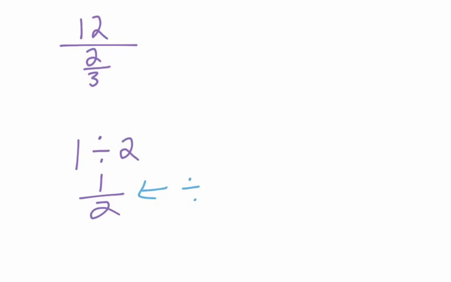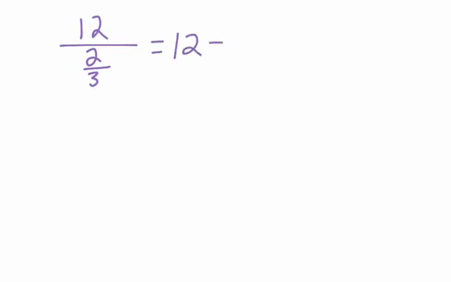So what I'm going to do with this problem is a quick little rewrite, and what I say in words I'm going to translate into what I'm writing. So this is 12 divided by 2/3.